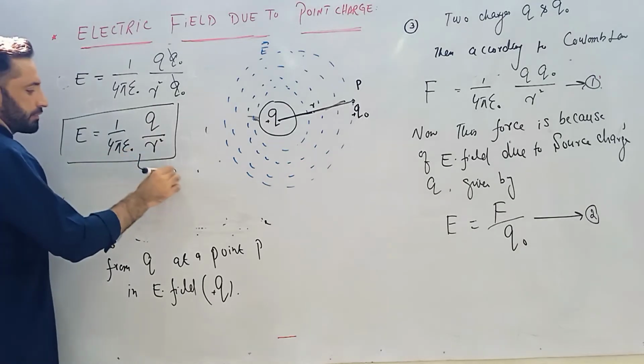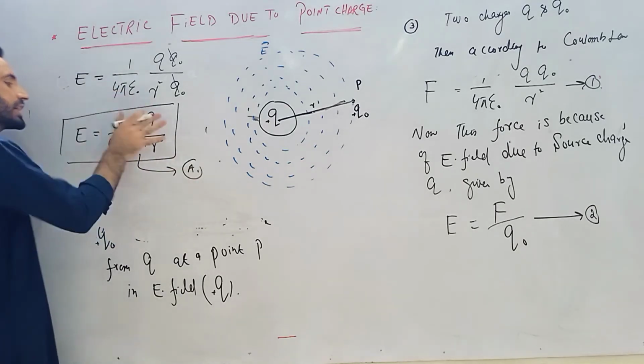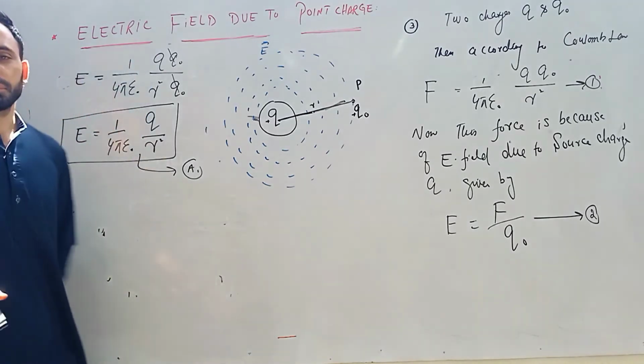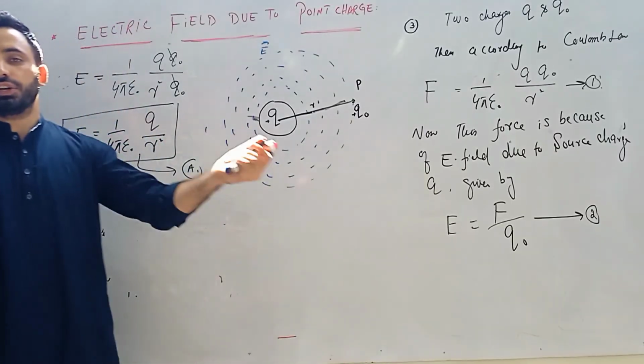This is called the dependency of the electric field. The electric field depends on this equation, and this is called the electric field due to a source charge.